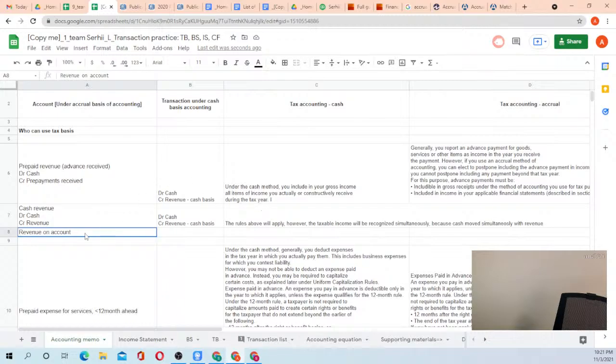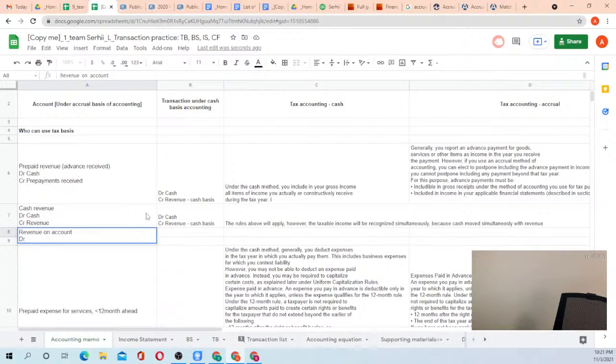Now let's consider a situation when we are paid for the revenue after we completed a sale. So some time passes between when we generate revenue and when we get cash.